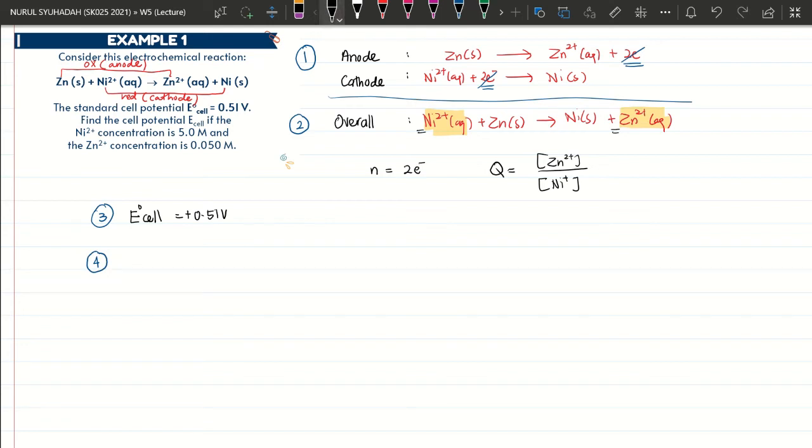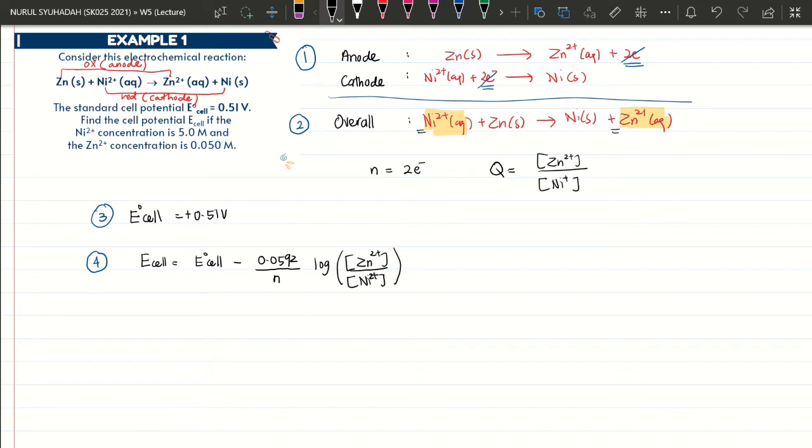Let us write down the Nernst equation first. E cell equals E naught cell minus 0.0592 over N log the concentration of zinc 2 plus over the concentration of Ni 2 plus, your Q. Make sure you remember this number correctly because it will not be given in the exam.